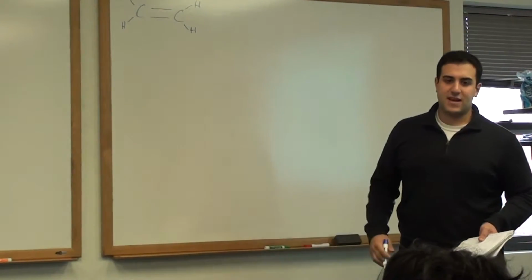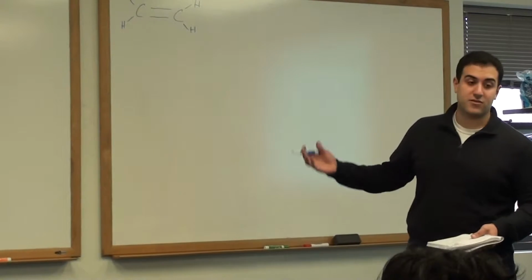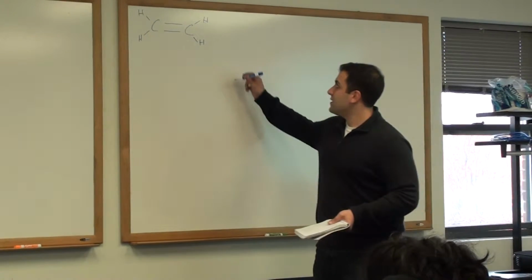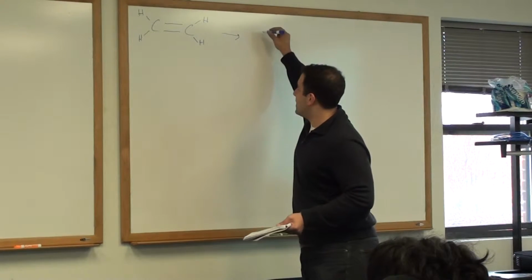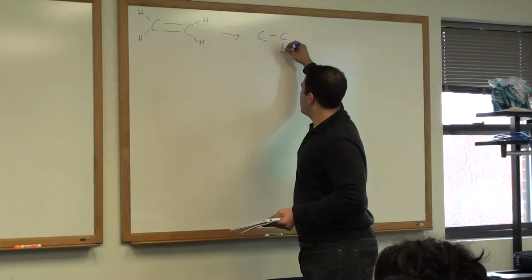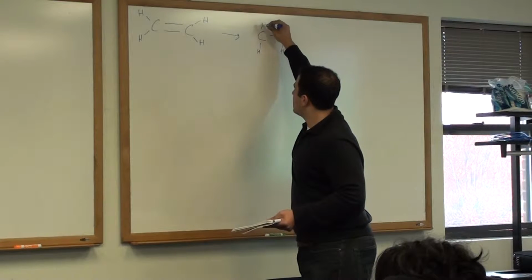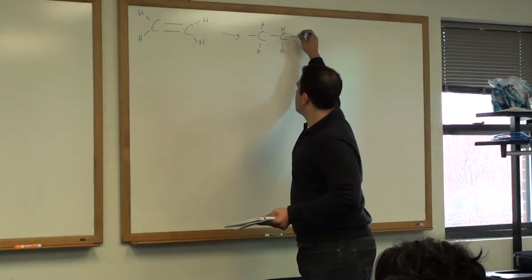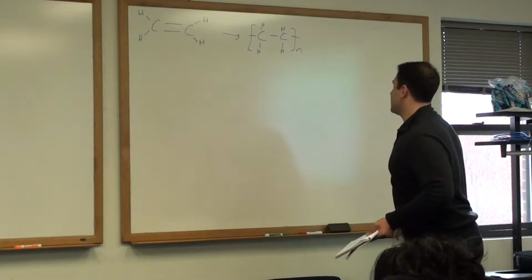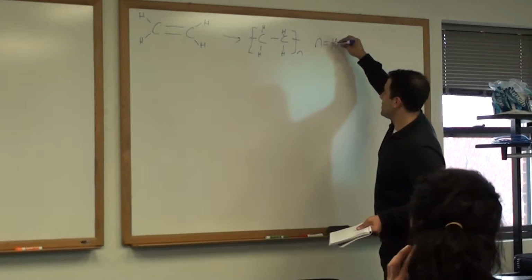But we're not going to go through that again, but you remember the initiation step where the double bond opens into a radical, the propagation step, and then the termination step. And that eventually turns into polyethylene, where N is the number of repeat units or monomers in the polymer chain.